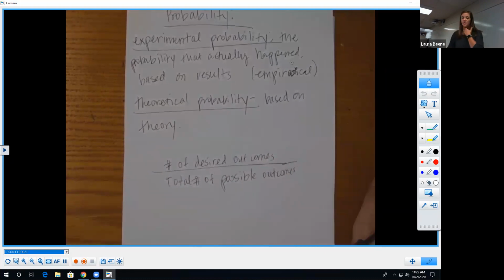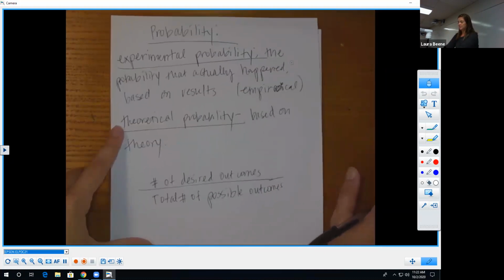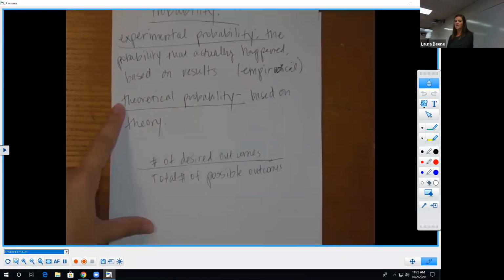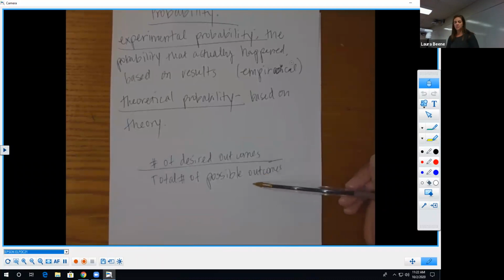So for example, if we're flipping a coin and trying to get heads, the theoretical probability of that would be: how many desired outcomes are there? Well, there's one head on a coin. What's the total possible number of outcomes?